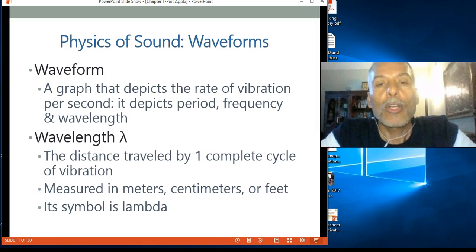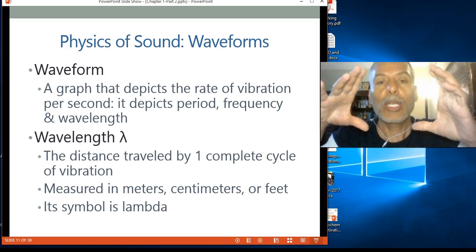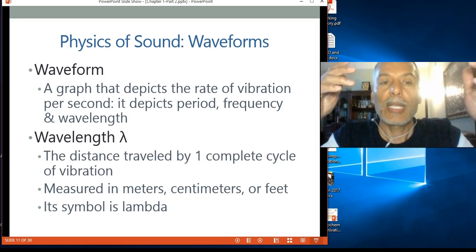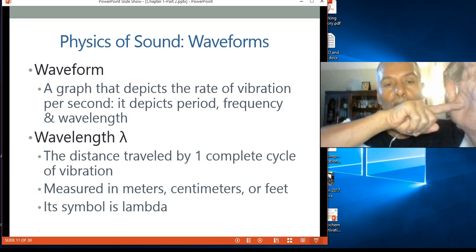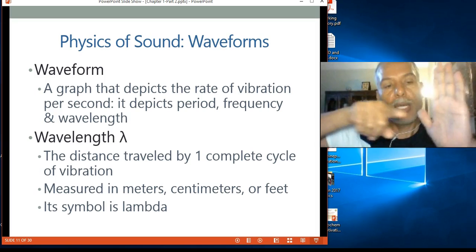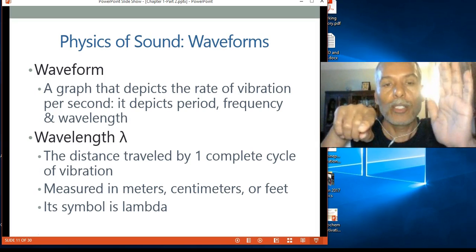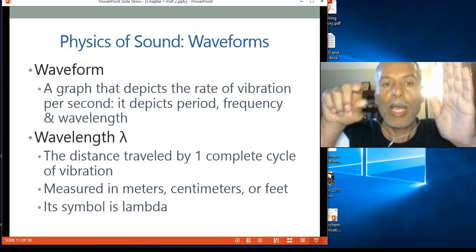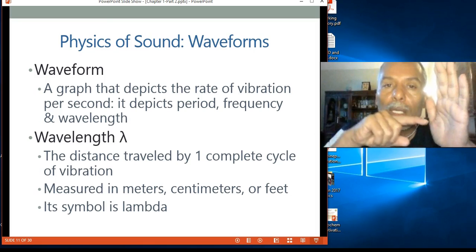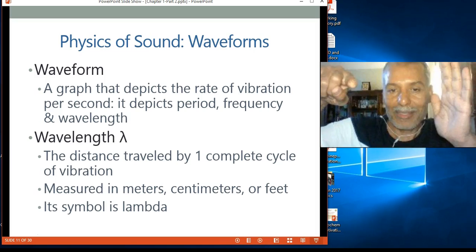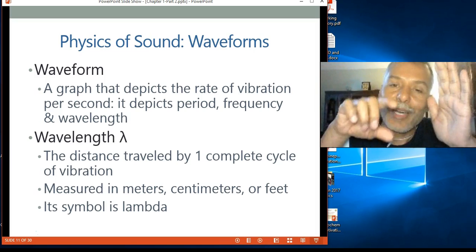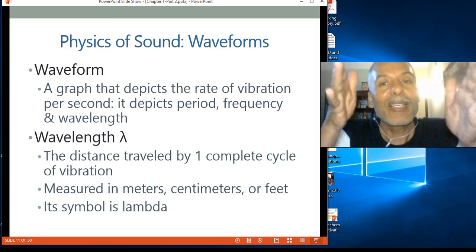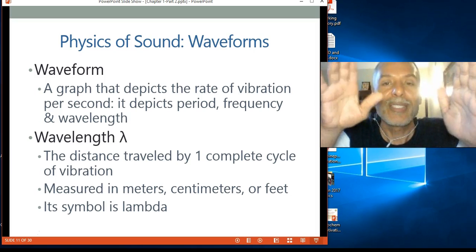Waveform, as I explained earlier, is the graph that shows us the shape of the wave and the rate of vibration per second. It shows us on the horizontal line, our axis, the period, the length of time it takes to make the cycle, and it tells us the frequency, because if you have one single cycle, you can calculate the number of cycles that can occur because you only have a single second. So that is always given, a single second.